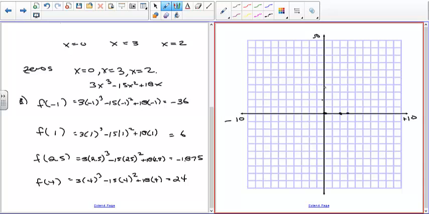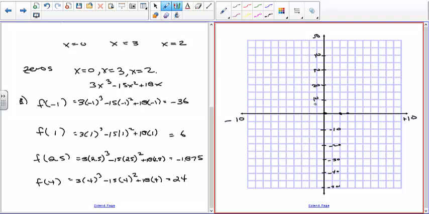So each 2 marks is going to be worth 10. So 40, 30, 20, 10. Do the same thing on the opposite side. So I'm going to put them over here, negative 10, negative 20, negative 30, negative 40, negative 50.